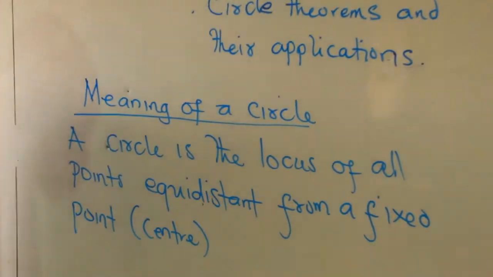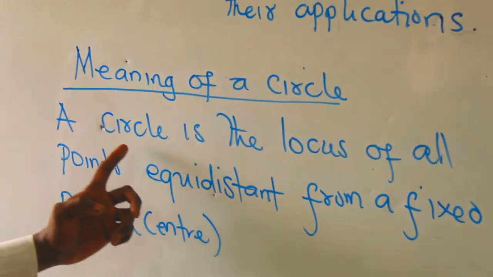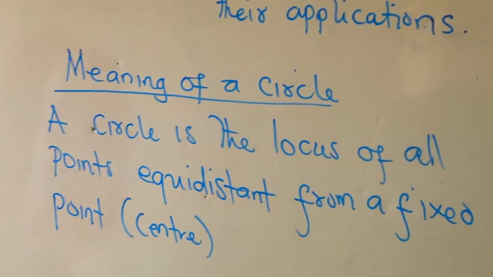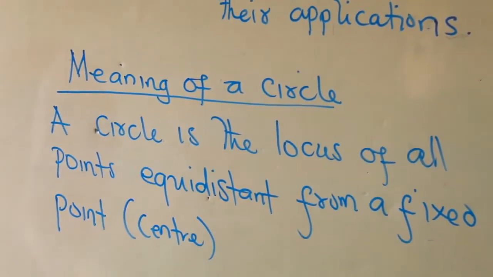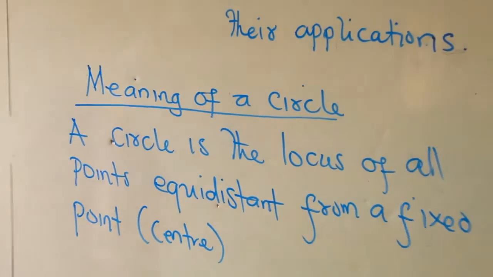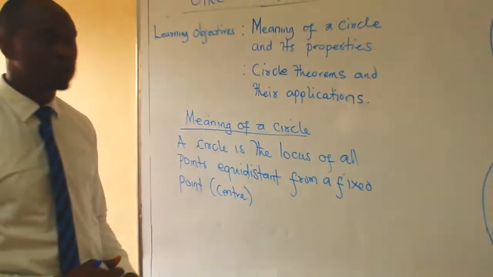So I'd like you to write this down. A circle is the locus of all points equidistant from a fixed point. And of course we know that that fixed point is the center of the circle.